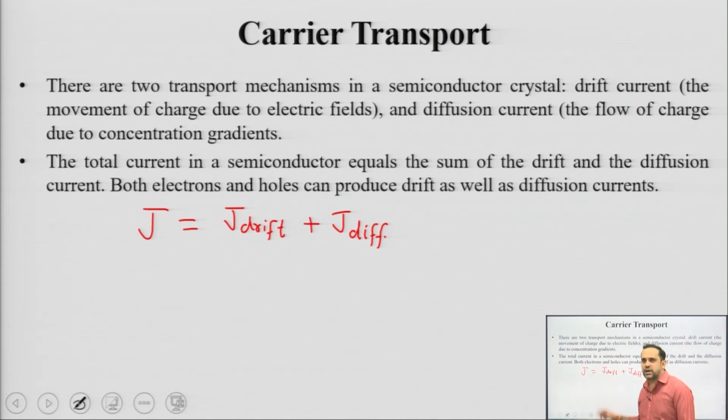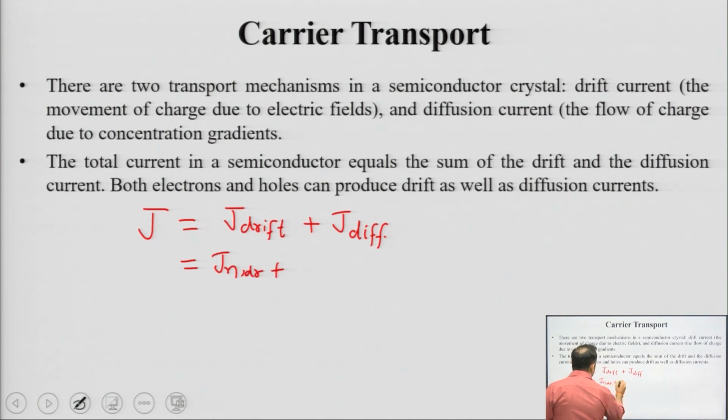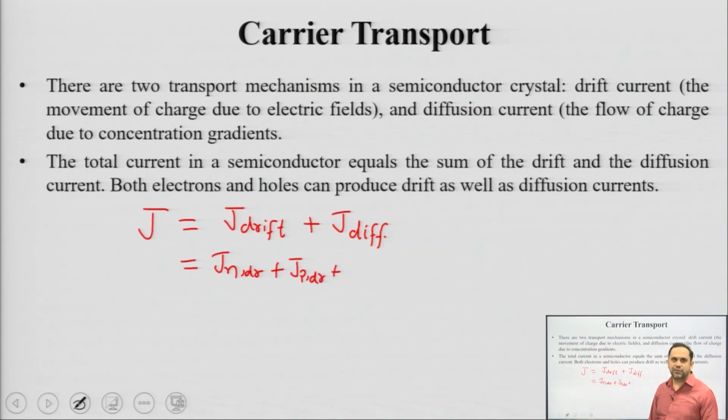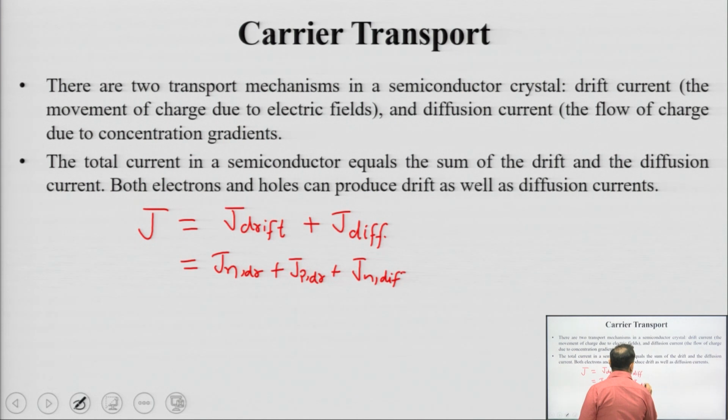So, this drift current by itself can also have a component because of electrons plus a component because of holes. Okay. Similarly, the diffusion current can also have contribution from electrons, okay, as well as contribution from holes.